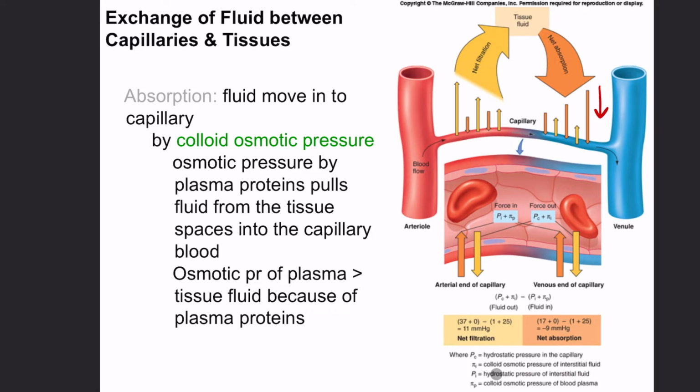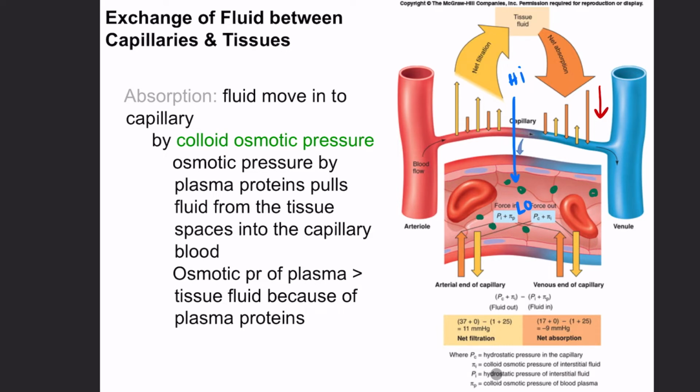And we've spoken about how, because of osmosis, water in our body is going to want to go from high concentration to low concentration. So out here, the concentration of water would be high. Because of all of those proteins, it would be low within our blood. And so we would absorb more water back into the capillaries.